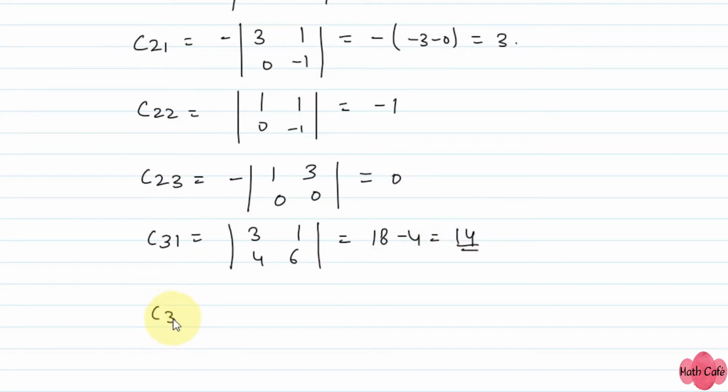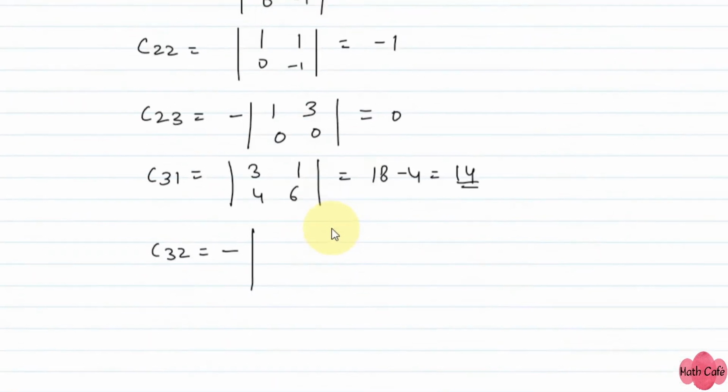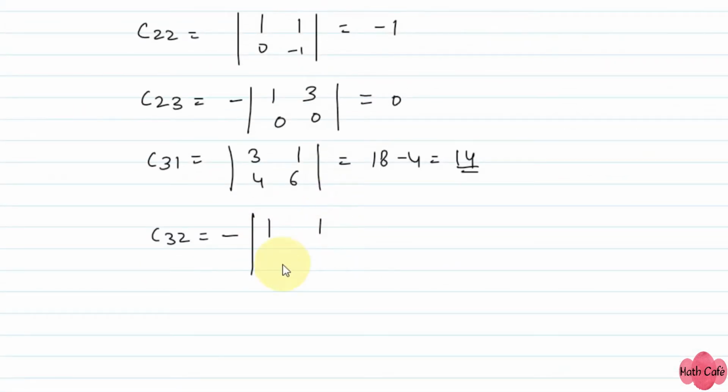Alright, let's find C32. So for C32 we will take minus, the cofactor corresponding to this element, so we will get 1, 1, 2, 6.